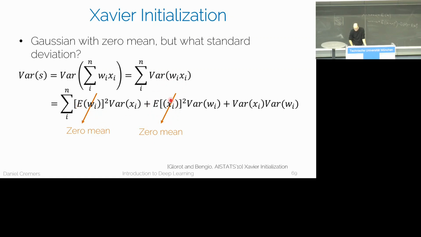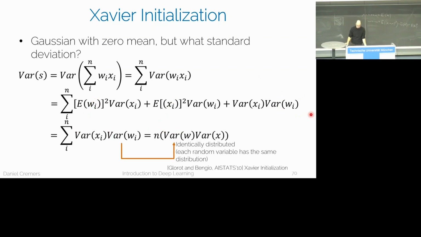And also the input from the previous layer is 0 mean Gaussian, but possibly with a different variance. So these two expressions are 0, which leaves us with the variance of the score being the sum over i equals 1 through n of the variance of xi times the variance of wi.